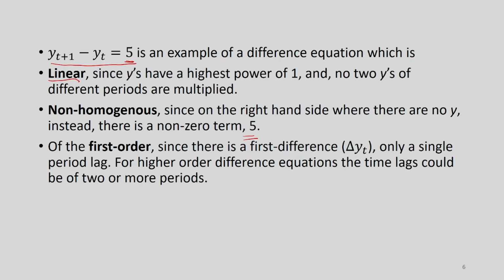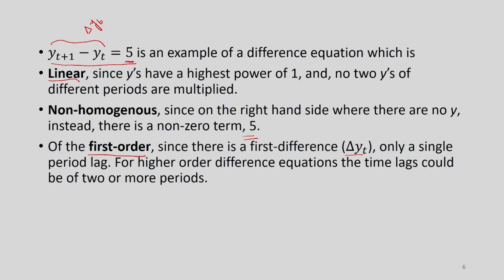Now, the third point, and this is very important, this difference equation is of first order. What is meant by first order? Since there is a first difference, that is delta y t, only a single period lag is there. So, look at this left hand side expression, it is y t plus 1 minus y t, and this is nothing but delta y t.